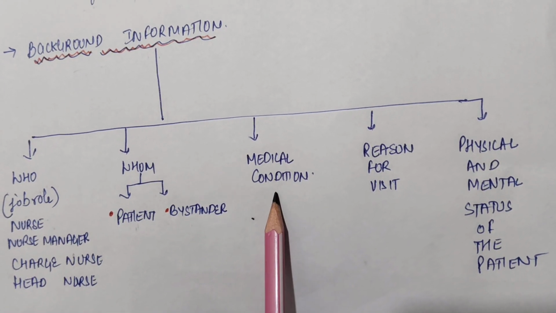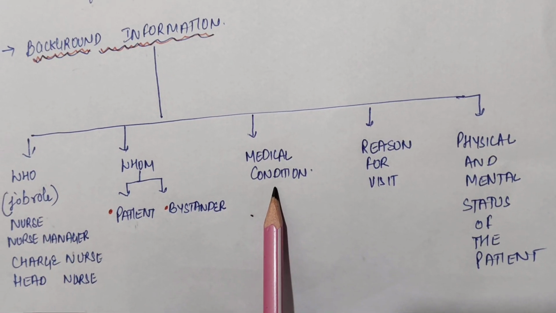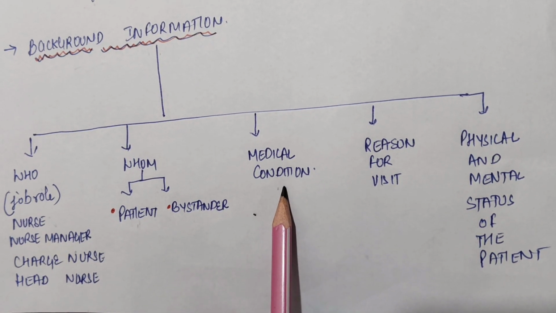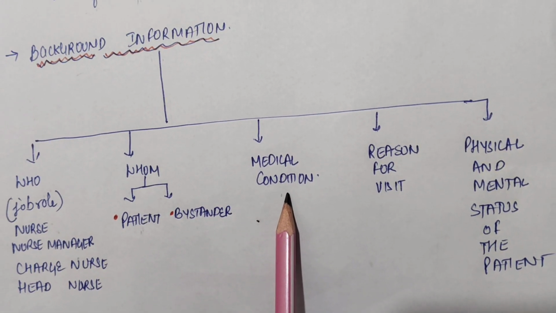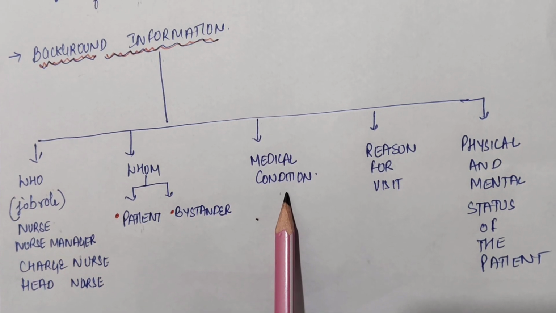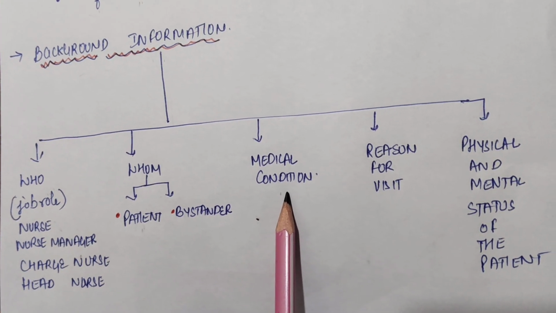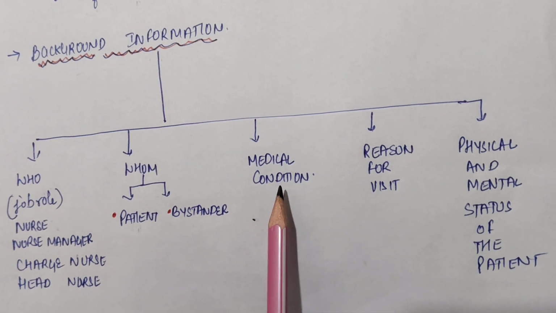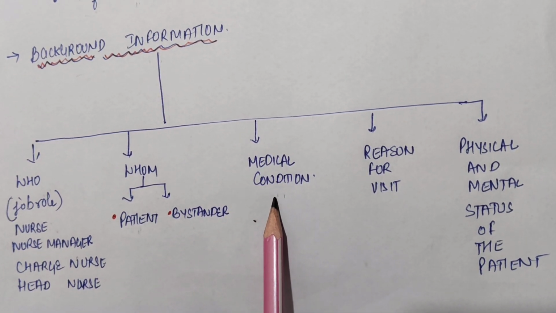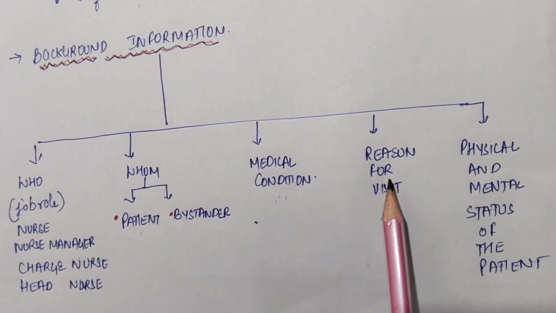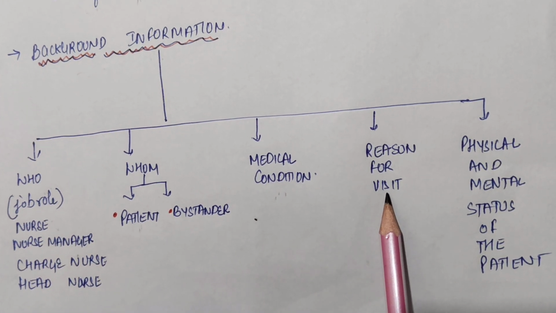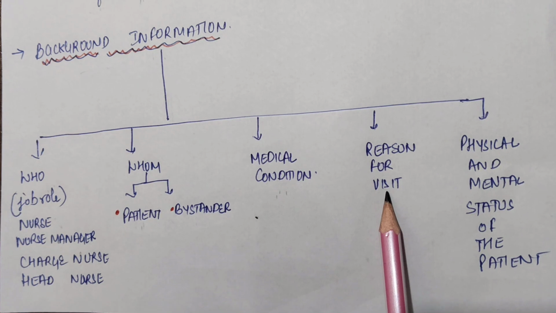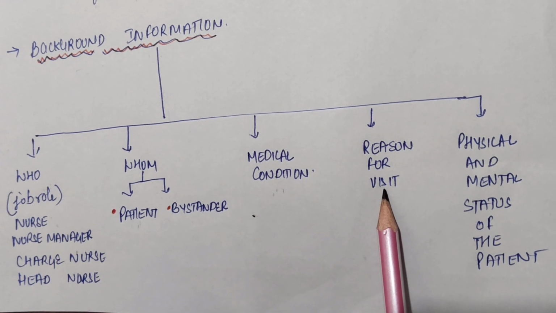Then next is the medical condition. From the background information, we can find the medical condition, like the patient has undergone colostomy, the patient has had a stroke, or the patient is coming for a sample. Then there is the reason for the visit, which we can also find in the background information.